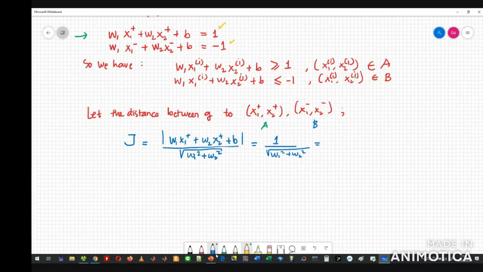And in class B we have w1 x1 minus plus w2 x2 minus plus b, divided by the same thing, the square root of w1 square plus w2 square. Now we have defined G.